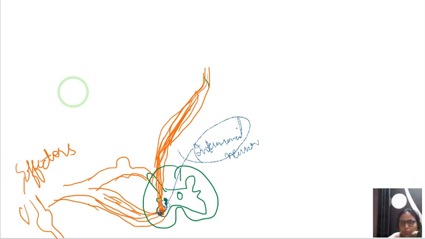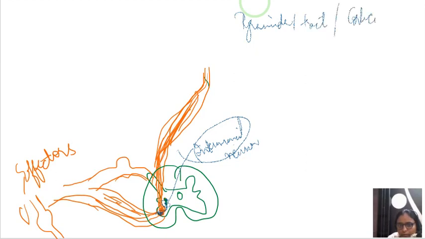So this is your pyramidal tract. What are the names? Your corticospinal tract, or your anterior and lateral corticospinal tract.